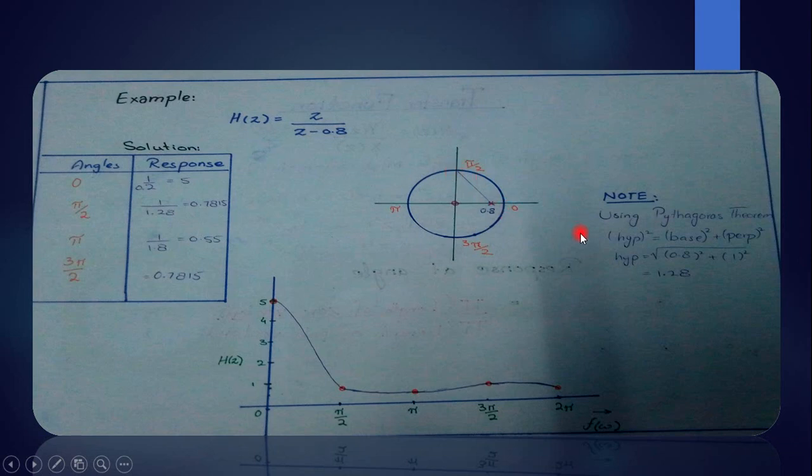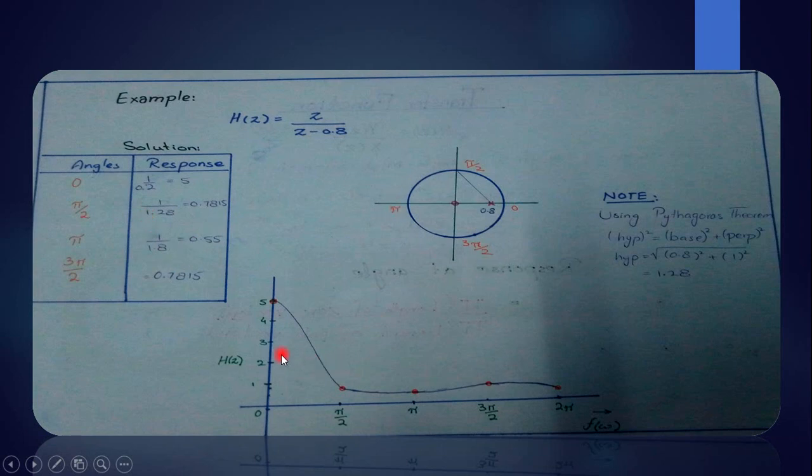We can find the length of this hypotenuse using the Pythagoras theorem: hypotenuse square is equal to base square plus perpendicular square. Substituting the values, the base is 0.8 and the perpendicular is 1. Taking squares, adding them, and taking the square root, it will come out to be 1.28. So this is 1 over 1.28, and similarly at pi and 3 pi by 2.